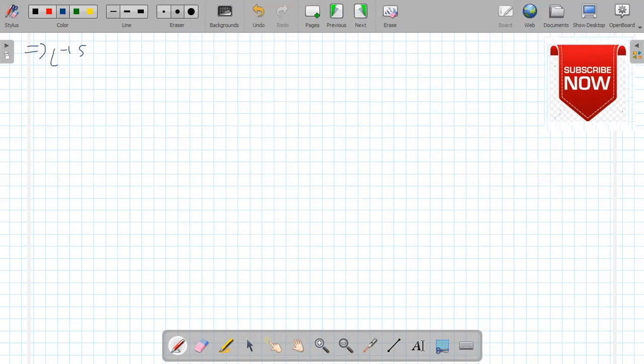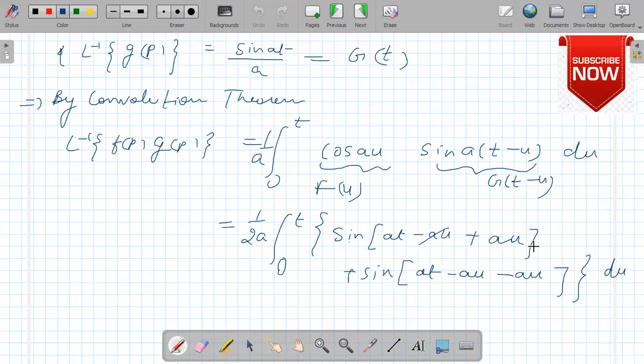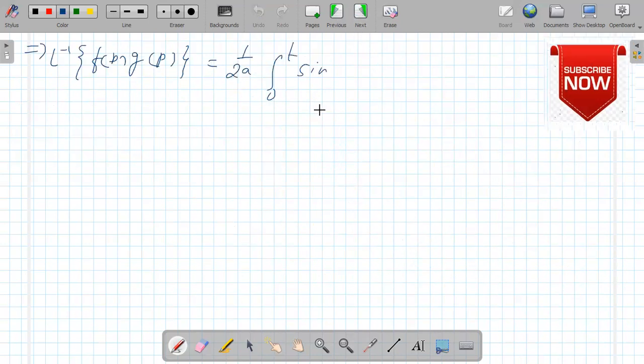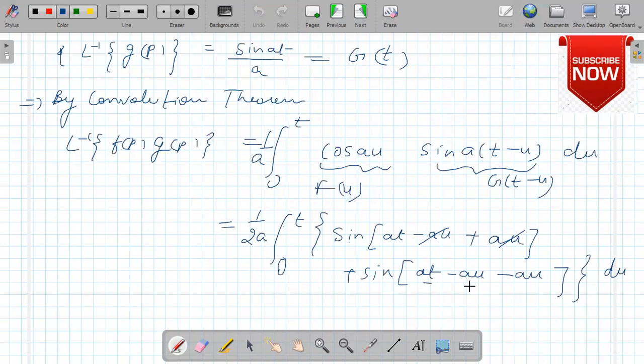So the Laplace inverse of Fp into Gp will be equal to 1 upon 2a times the integral of sine at plus sine of (at minus 2au), du. This is minus 2au.